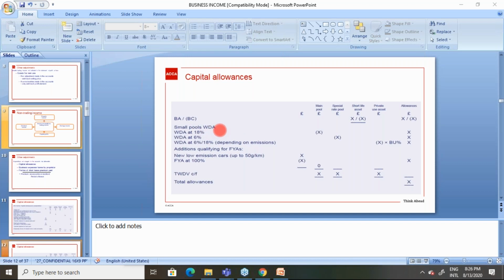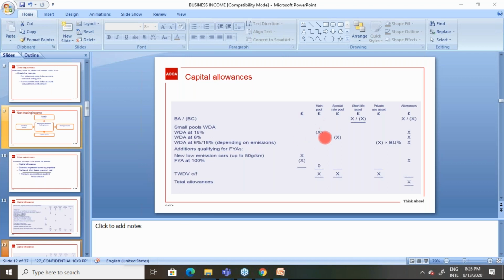A small pool WDA is a situation where the balance of the main pool or the special rate pool becomes too small. If the main pool or special rate pool balance becomes £1,000 or less, say the main pool balance becomes £1,000 or less, in that case, you don't have to claim 18% because the pool balance has become too small.